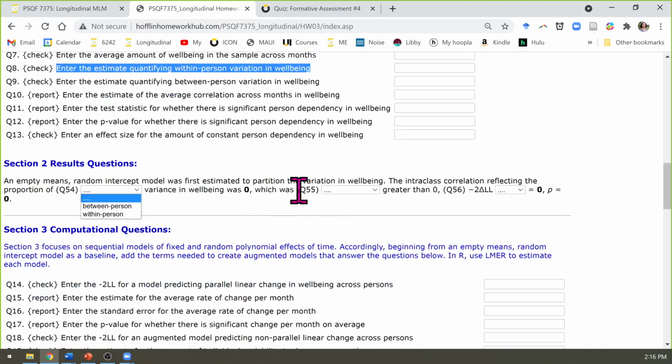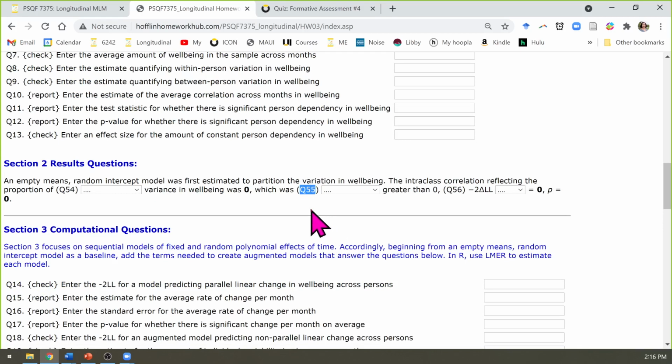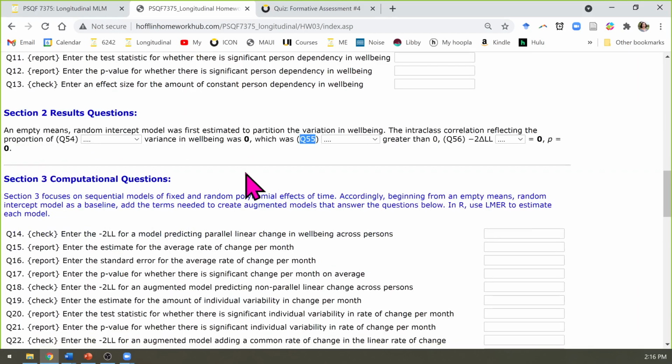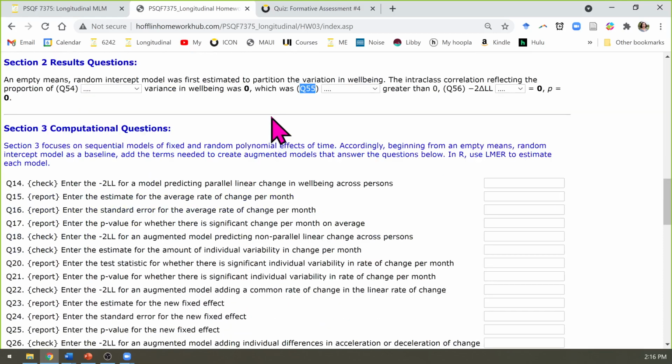Note that each of these has a question number in front of it. So if you have a question, you want to email me, you can say, I have a question about question 55, and I'll know what you're talking about. And after you turn in your homework, you will get to see these answers turn red and green as well. So you'll get to see what would have been correct. All right. Any other homework questions while we're on this?